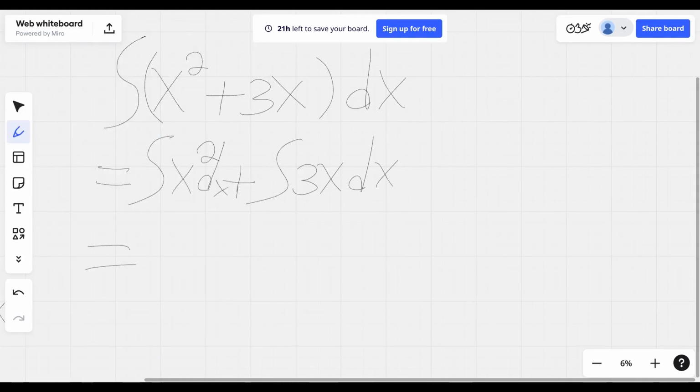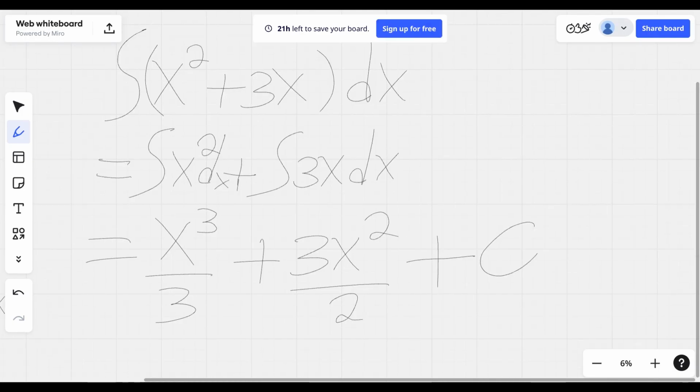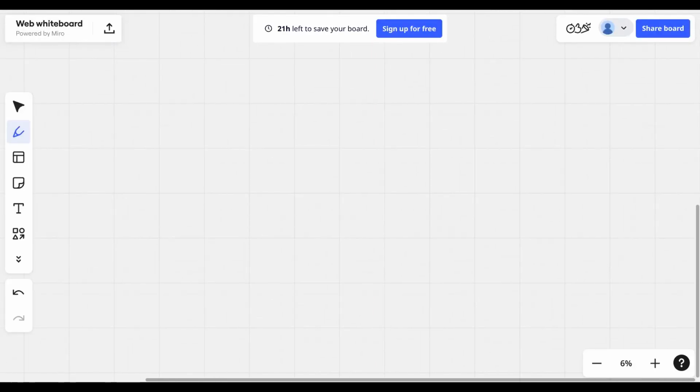And you'll just take the integral of those. So again, power rule. It'll be x cubed over 3, plus 3x squared over 2. And then don't forget your plus c. So that is the sum rule. You can just break complicated expressions into manageable parts.